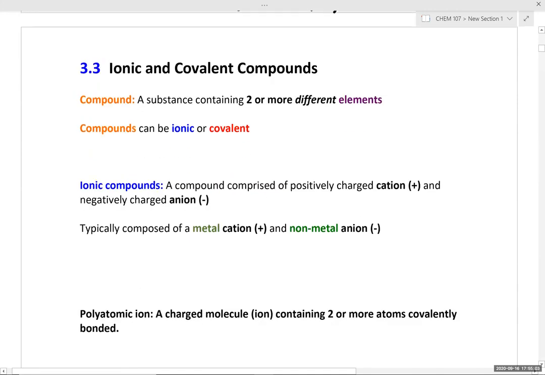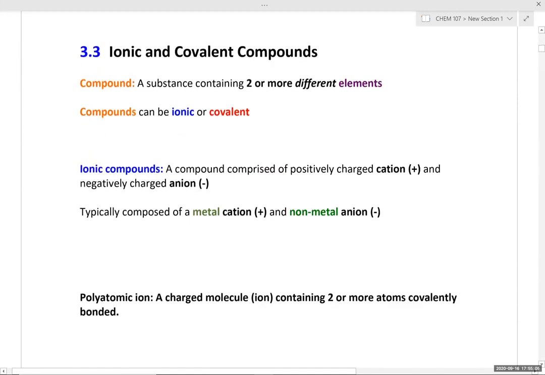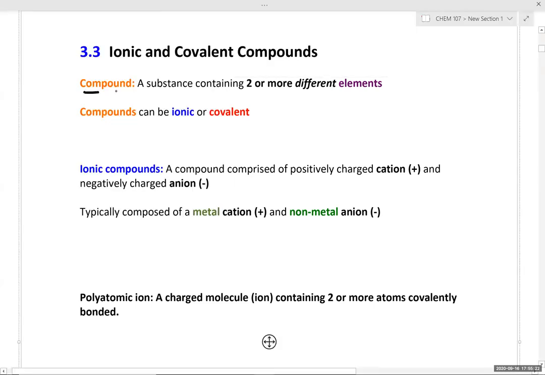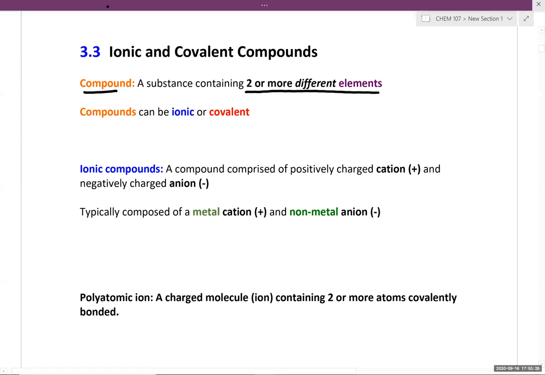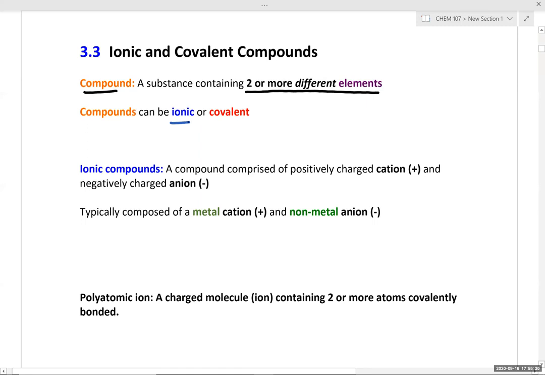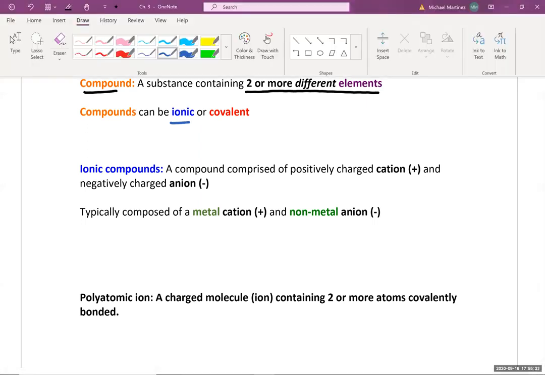Okay, so let's talk a little bit about ionic and covalent compounds. A compound, just as a review, is a substance containing two or more different elements. Compounds can be either ionic or covalent.